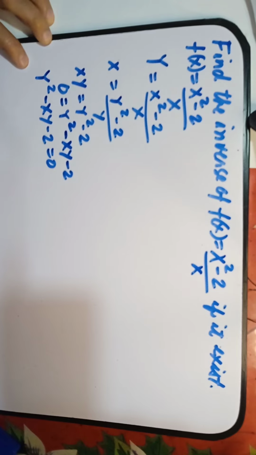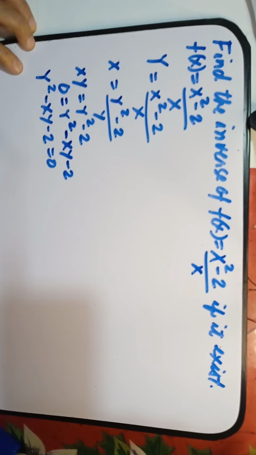So how to get the value of y here is that we're going to complete the square, because we cannot solve this by factoring. And it's also difficult to use the quadratic formula, so we'll use completing the square.